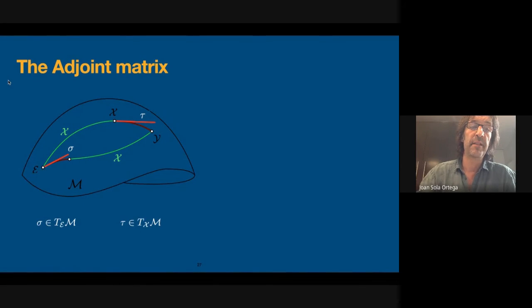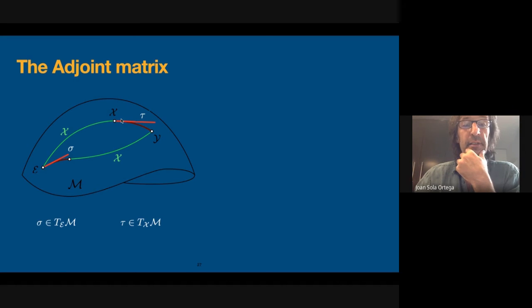Imagine that you have a manifold, M, and you have the identity element, E. You have a point X, and of course, E times X is equal to X. So you go from E to X by multiplying by X. You get it here. And you can add tau over X by putting tau as a tangent to X and doing the exponential. And then you get to the point Y.